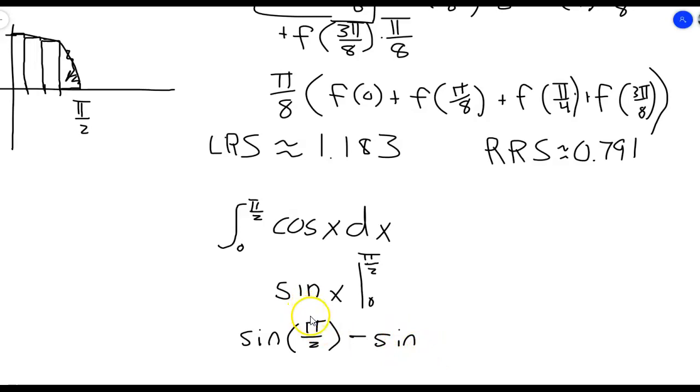This is actually the fundamental theorem of calculus, which we're going to be looking at very soon. You'll see that the sine of pi over 2 is 1, minus 0 is equal to 1. So you can see the exact value under this curve is 1, which is right in between our left Riemann sum and our right Riemann sum.